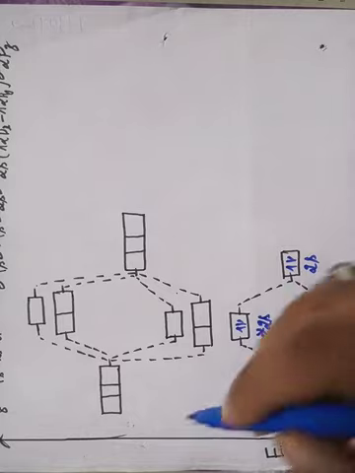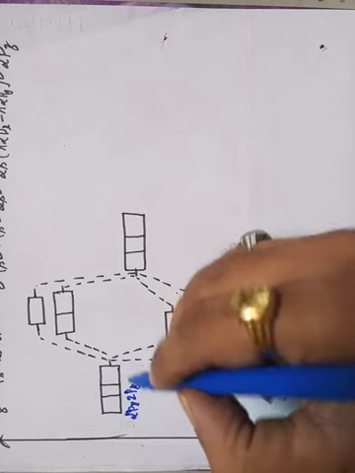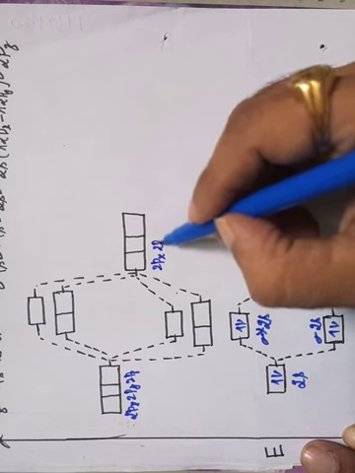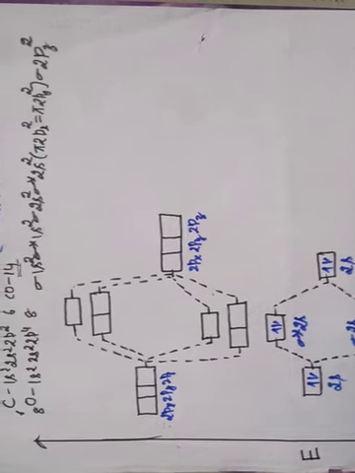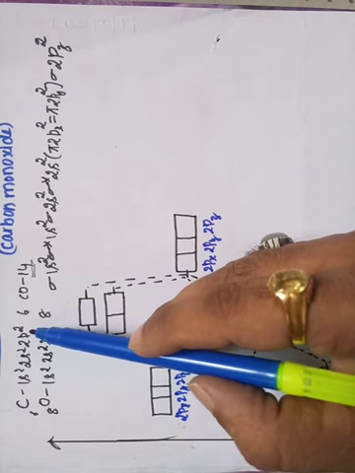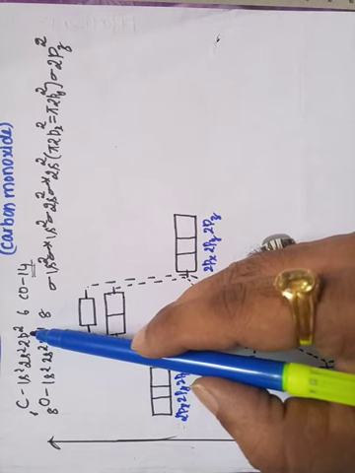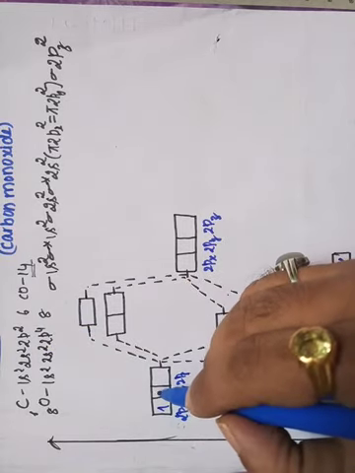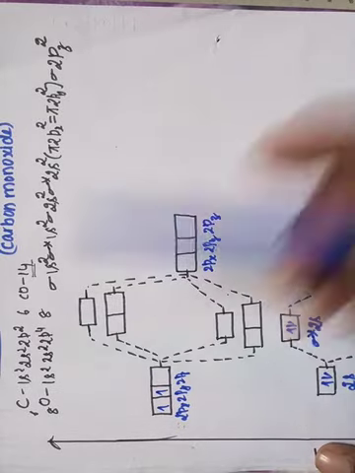So next the p orbitals, 2px, 2py, 2pz. These are the p orbitals of the oxygen. Here you can see the p orbital of the carbon contains 2 electrons, but the p orbital of the oxygen atom contains 4 electrons.